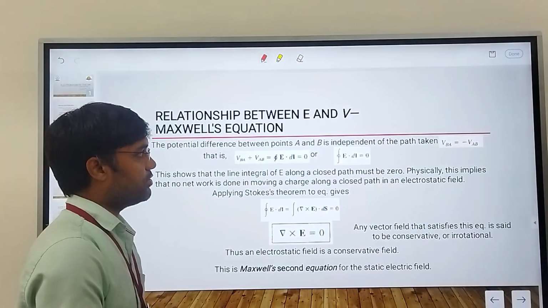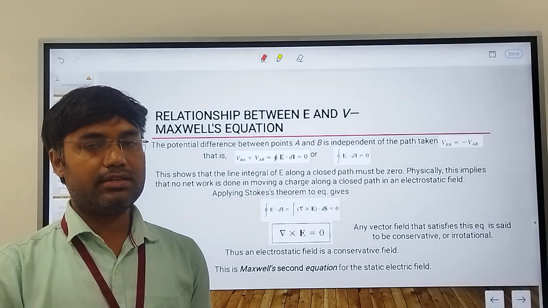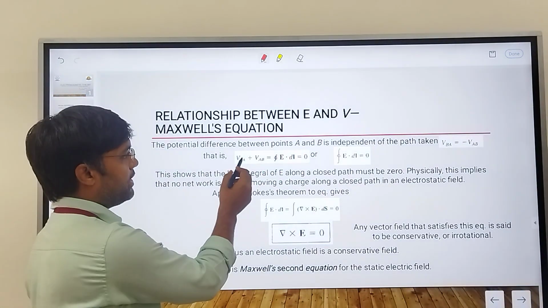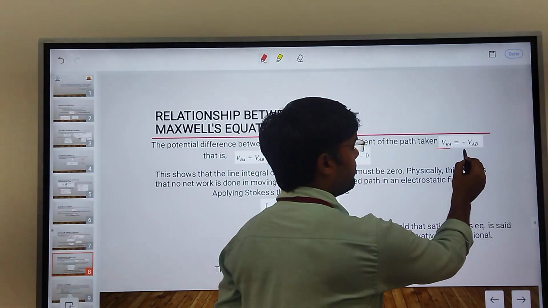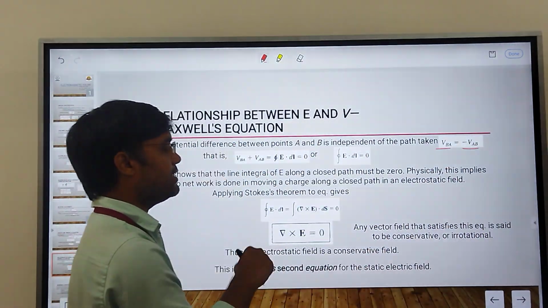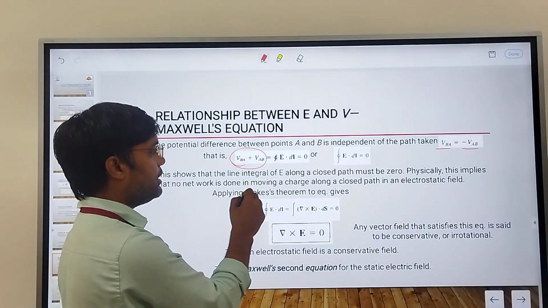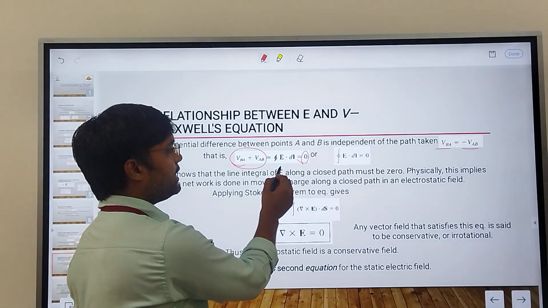Now we will explain the relation between E and V. E is the electric field intensity and V is the electric potential. In a closed path from A to B, V_AB will be the negative of V_BA. If we add the total voltage from A to B and B to A, the resultant would be 0, and it is equal to E dot dl.